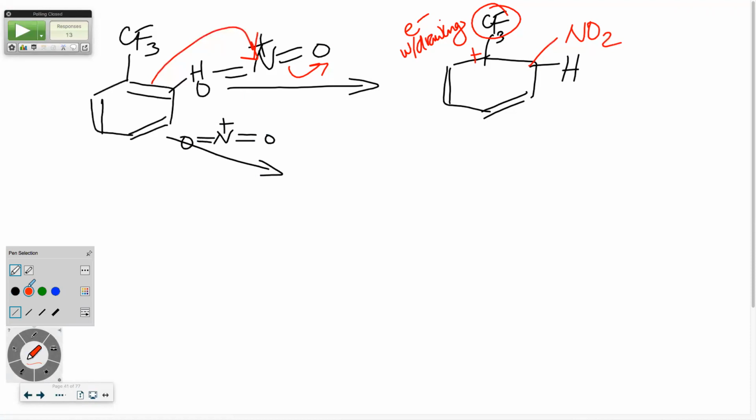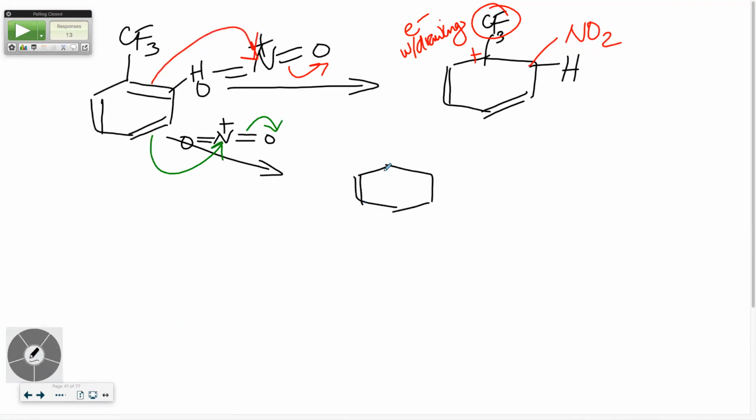Now we're going to go to the meta spot. So I'm just going to use this double bond. Let's do the green group. So I'm going to go there and out to there. What do I get? Here is my intermediate. This is what we didn't change. Now I have an H here and an H here.